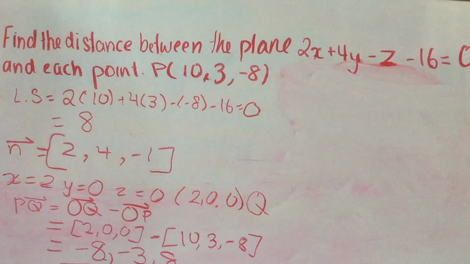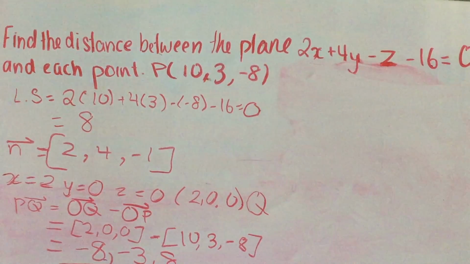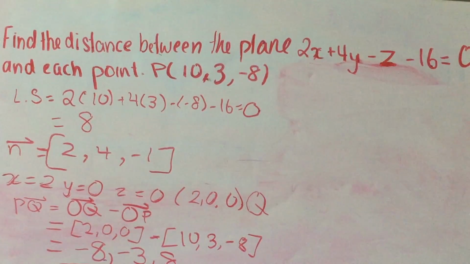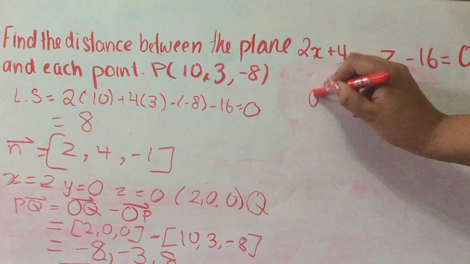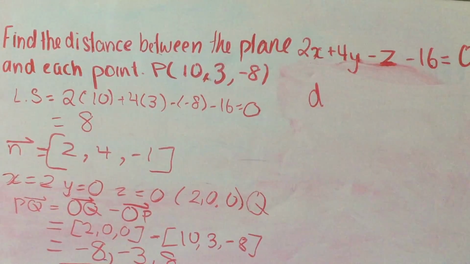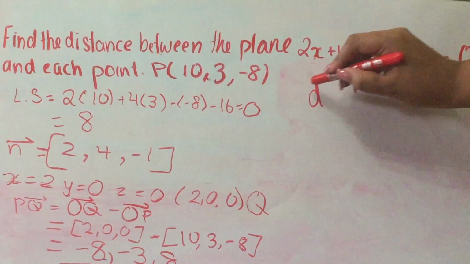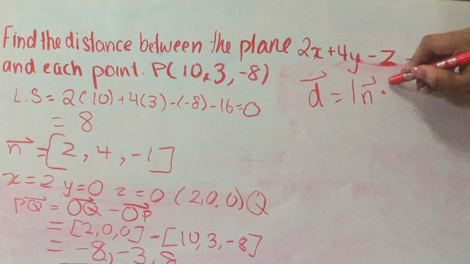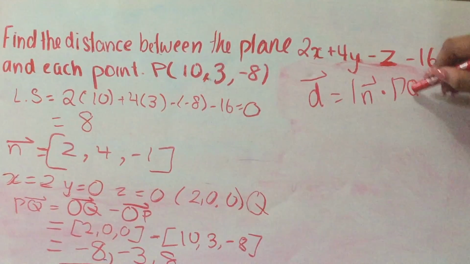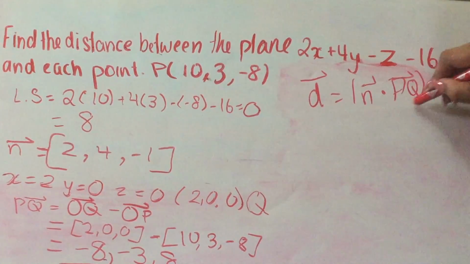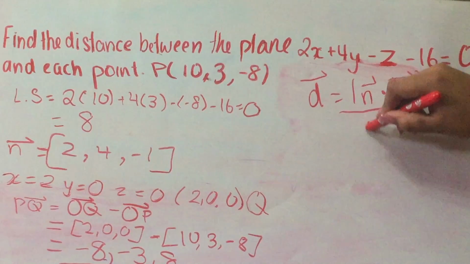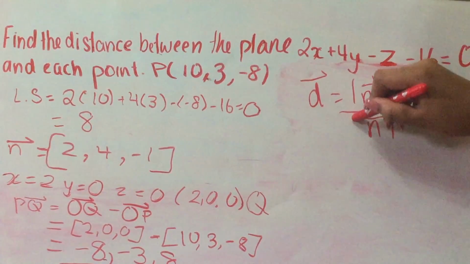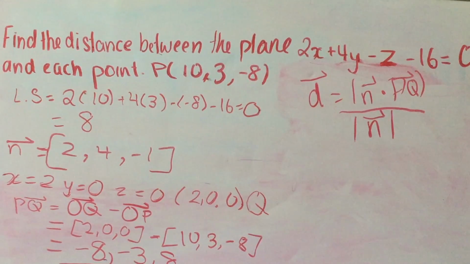So now that we have the vector, we would now have to solve for the distance from P to the plane. And so we're gonna use this new equation, and that is D is equal to the magnitude of the normal vector dotted with PQ over the magnitude of the normal vector.